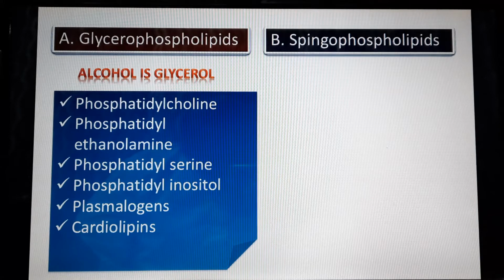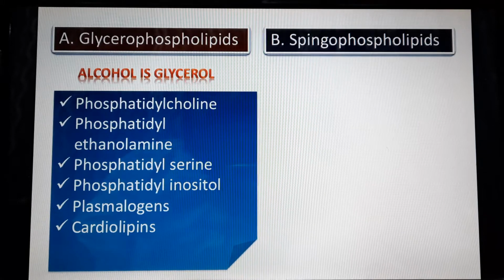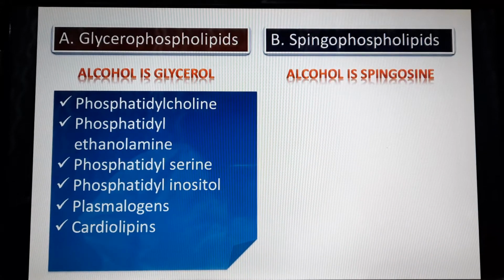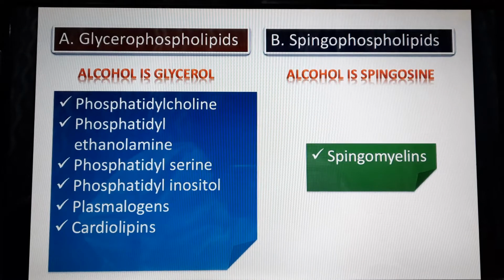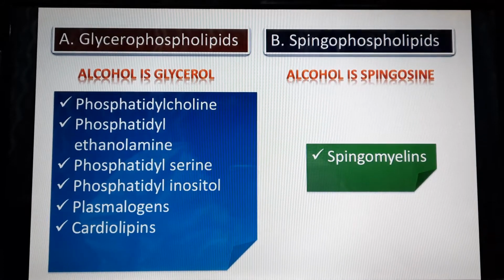If the alcohol is ethanolamine, then it is phosphatidylethanolamine. Similarly there are phosphatidylserine, phosphatidylinositol, plasmalogens, and cardiolipins. In the sphingophospholipid, the main alcohol is sphingosine, and the major type is sphingomyelin, which is abundantly present in the nervous tissue.